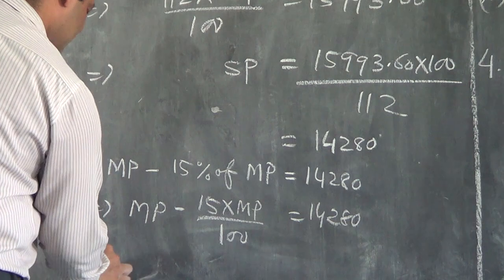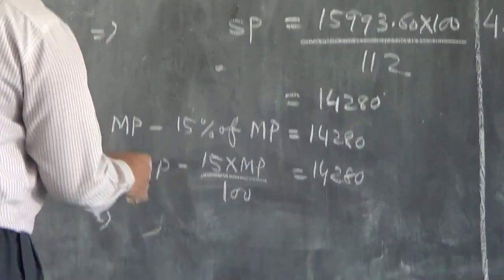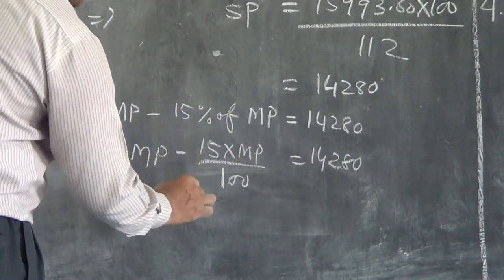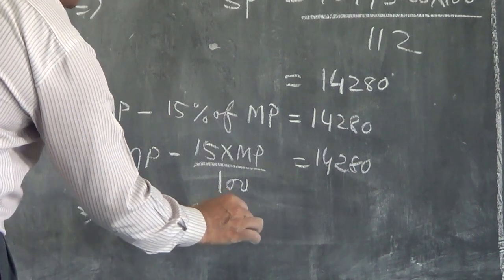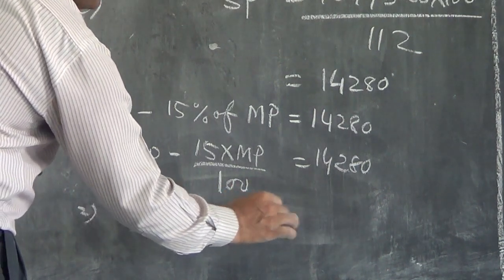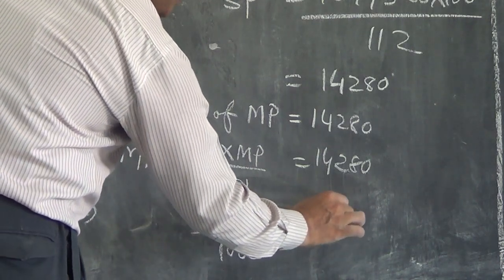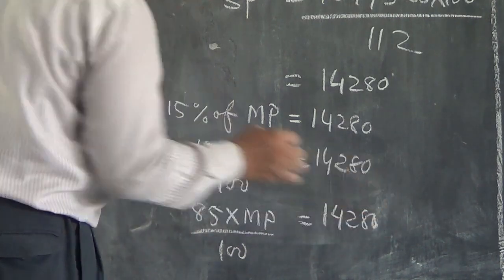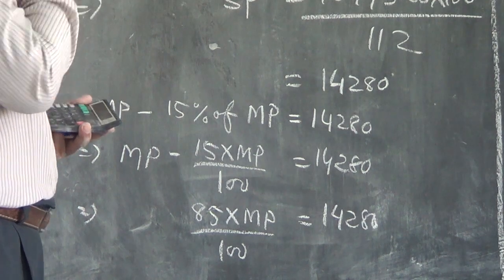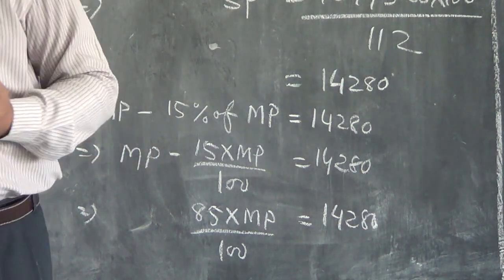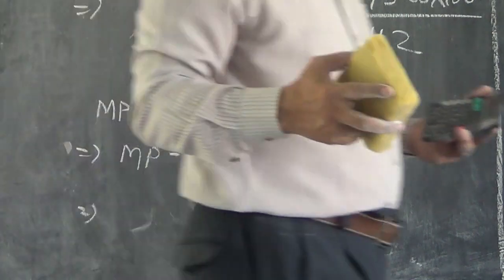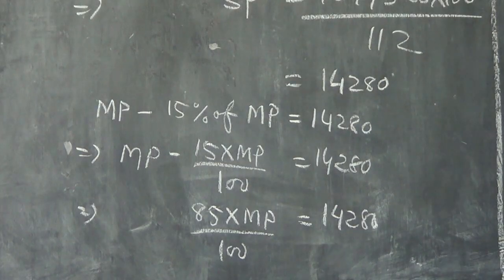14280. That implies 100 into MP, 100 MP, 100 minus 15, 85 into MP by 100 equals 14280. Then I will move to the other side so that it is comfortable to write.